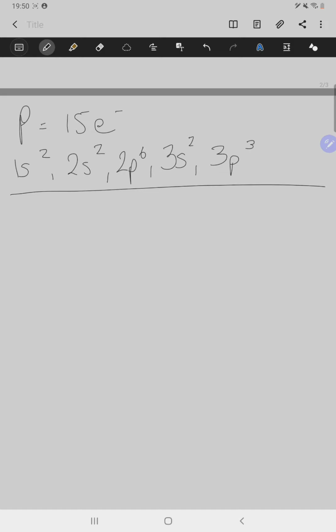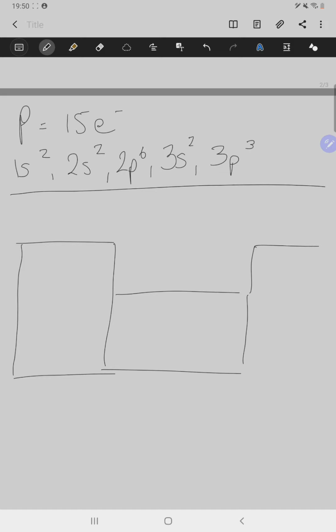A quick and easy way to figure out where it is going to end up is, if I try to draw just a very basic sketch of your periodic table, we will only ever have to deal with up to the 4p sublevel. So if you compare this here to the way that your own periodic table would look, this here is your s block, this is d, and this here is p.